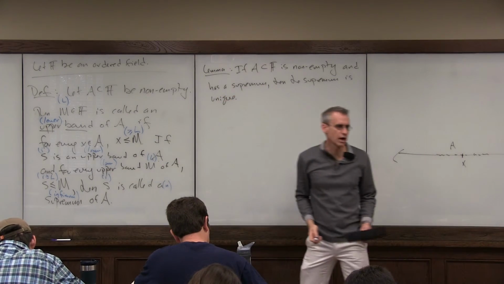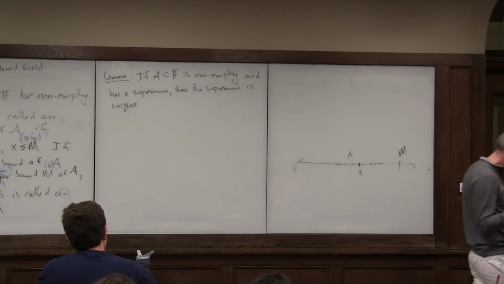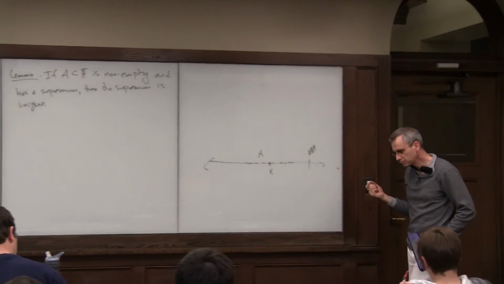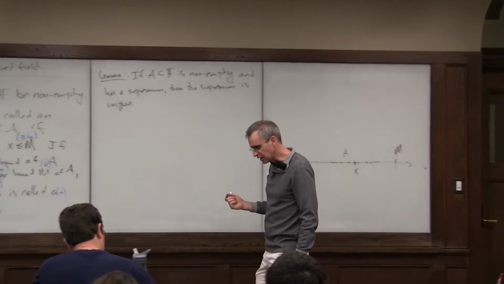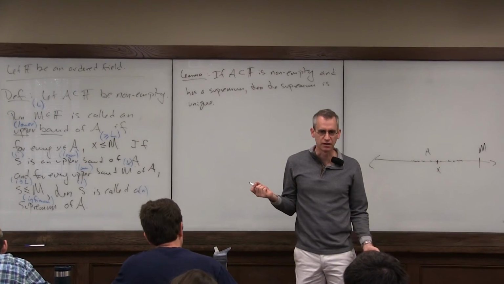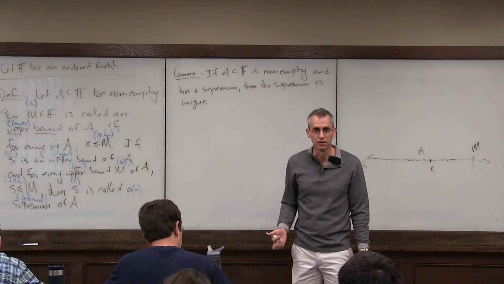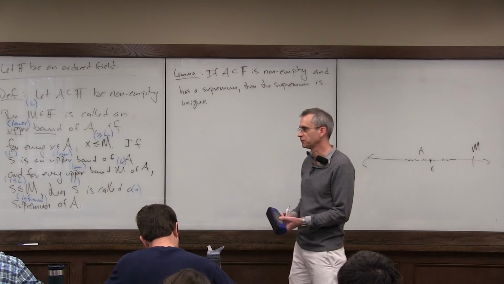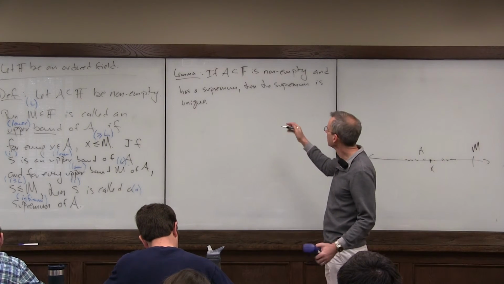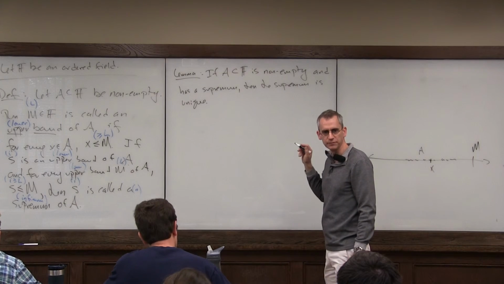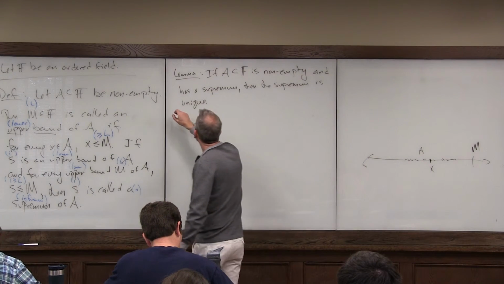So we have two things we have to be thinking about here, right? We define this new thing called supremum. And the question is, does it exist? And is it unique? Okay, and in general, these questions can have no as an answer. All right, and so actually the first and easiest thing to deal with is the uniqueness of it. So let's go ahead and prove this.